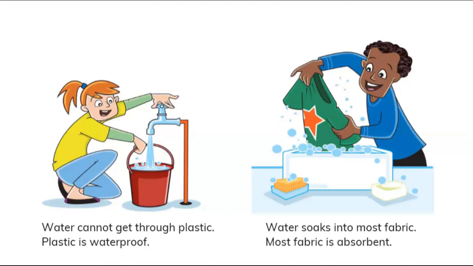You can feel the water in this jumper. Okay, so the jumper is not waterproof. It is absorbent. All the water will get through. The plastic is waterproof. The fabric, the cloths, is not waterproof. It's absorbent. When you put water on this jumper, all the water will soak inside.